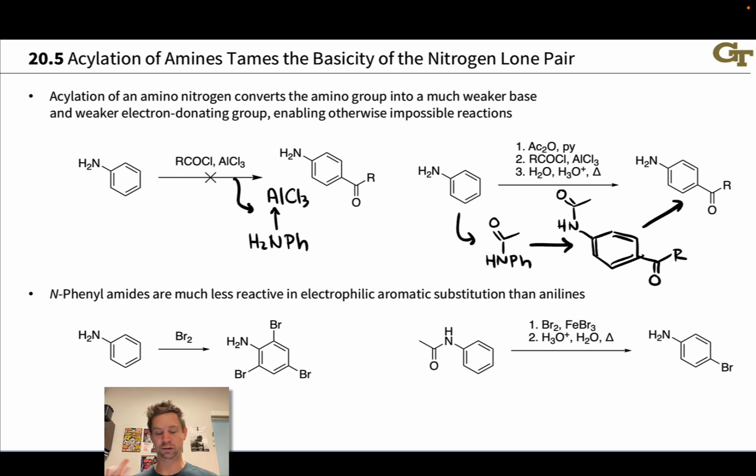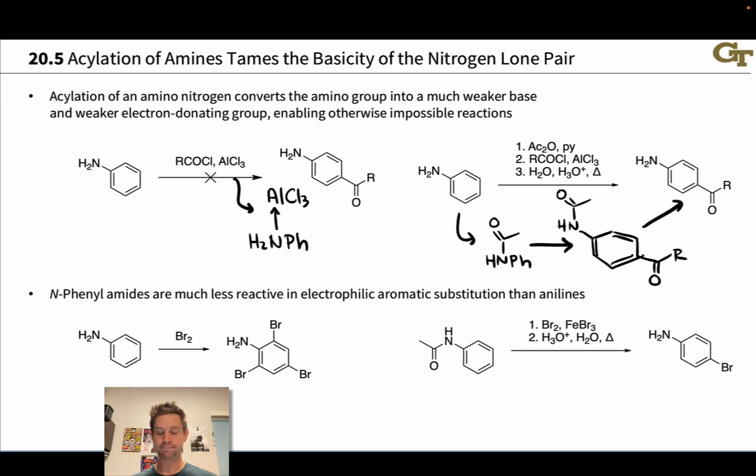N-phenylamides are generally much less reactive in electrophilic aromatic substitutions than anilines themselves, so protecting as an amide prevents overreaction. For example, if you just take aniline and treat with Br2, even in the absence of a Lewis acidic catalyst, you get tribromination at the ortho and para positions with respect to the amino group.